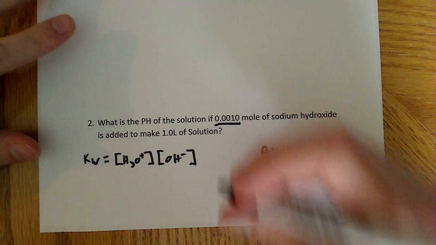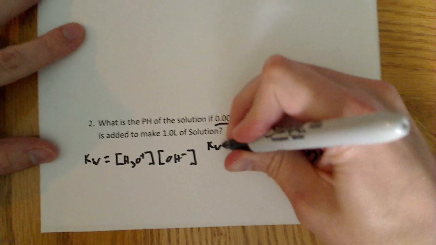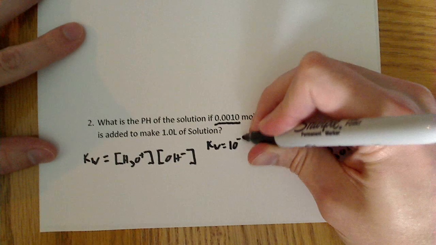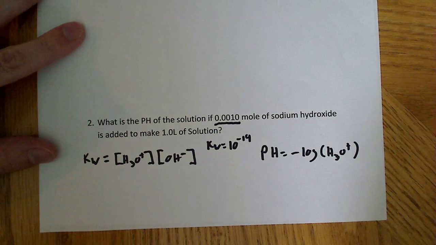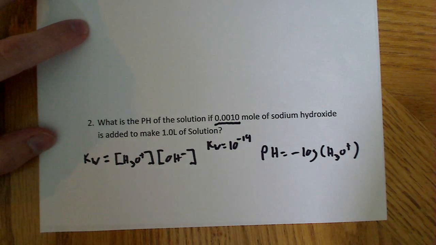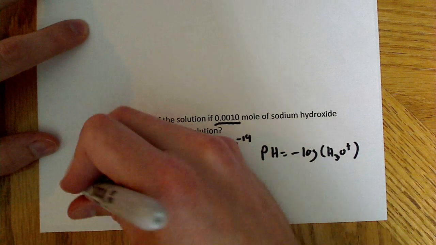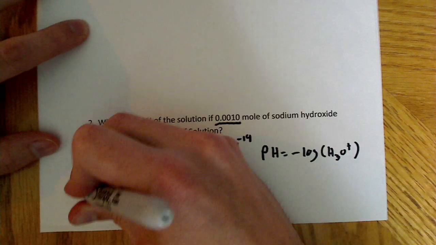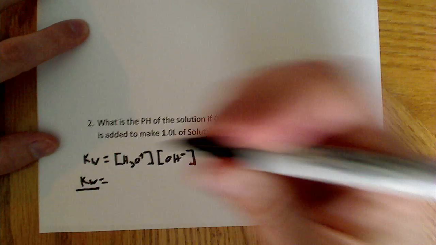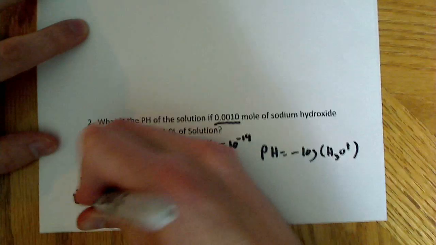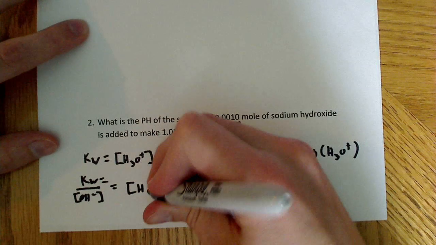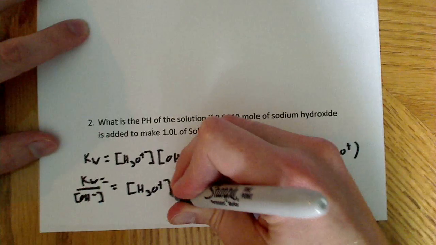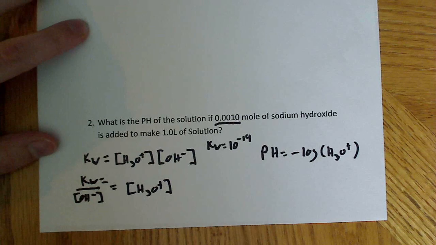Kw is equal to 10 to the negative 14. If we solve this equation for H3O+, we find that Kw over the concentration of hydroxide is equal to the hydronium ion concentration.